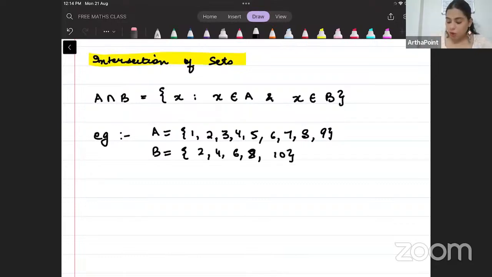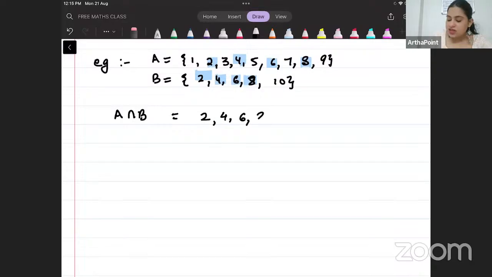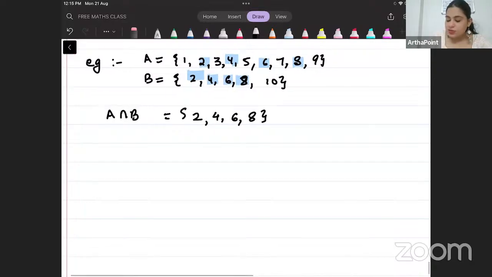Now I'm asking what will be A intersection B. So A intersection B means those elements which will be in A and which will be in B. So what will I have? I have 2 in both of them, 4 in both of them, 6 in both of them, and 8 in both of them. है ना? So I will get 2, 4, 6, and 8. This will be A intersection B.